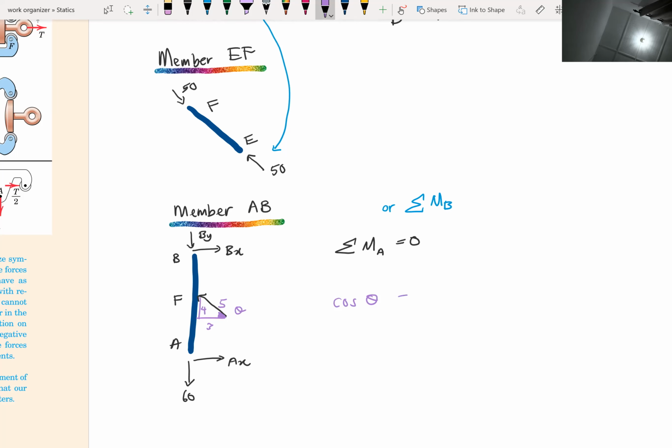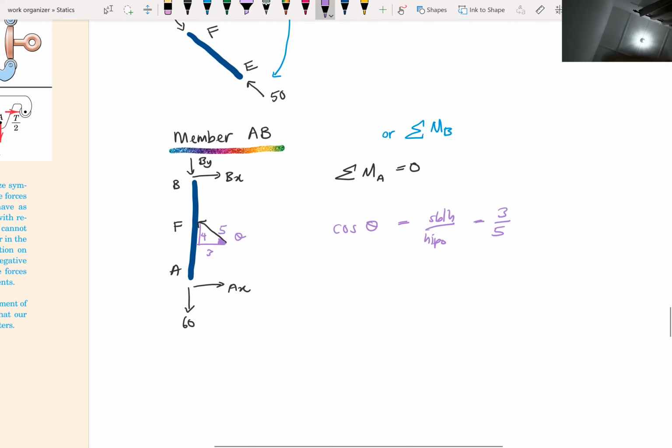So cos theta is adjacent over hypotenuse. So adjacent is 3 over 5. Now we want to determine the equation of summation moment at A.